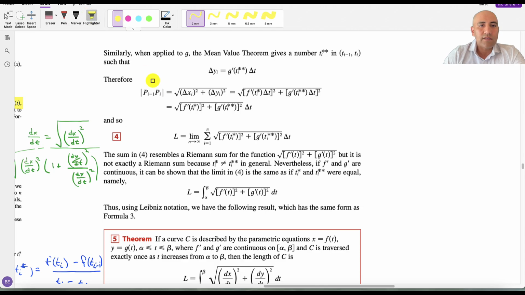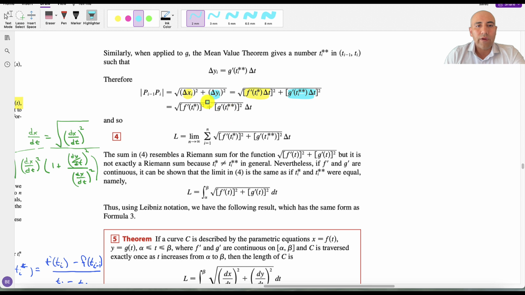So that means that this is equal to this, and this is equal to this, and then we can square them. Notice that we end up with delta t squared plus, and then over here there's another term of delta t squared. We can factor out the delta t squared, and then it's inside the root. We can pull it on the outside of the root, and we end up with just the delta t.